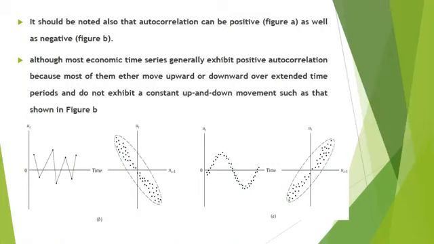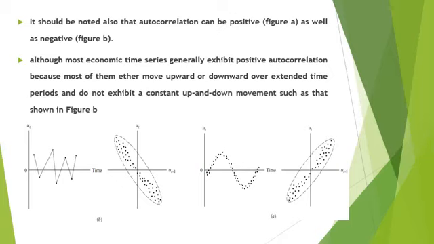It should be noted also that autocorrelation can be positive as given in figure A, or it can be negative as given in figure B. Most economic time series generally exhibit positive autocorrelation because most of them either move upward or downward over extended time periods. Positive autocorrelation occurs when an error of a given sign tends to be followed by an error of the same sign.